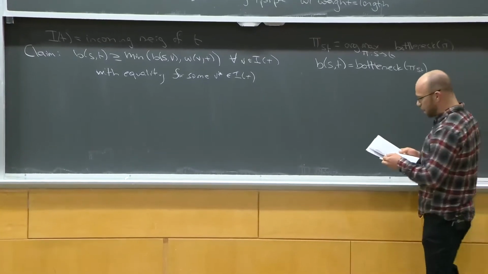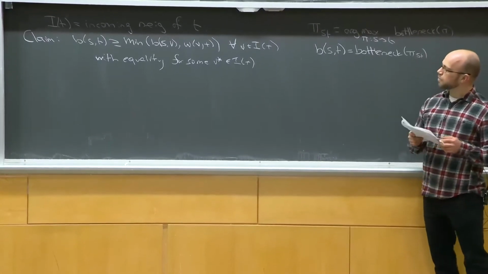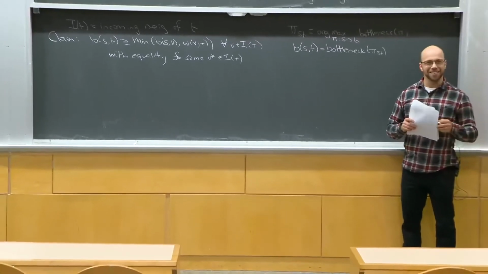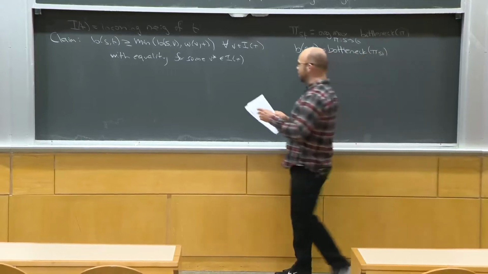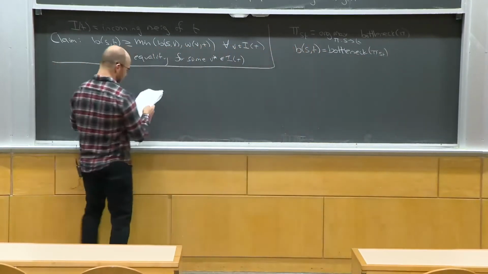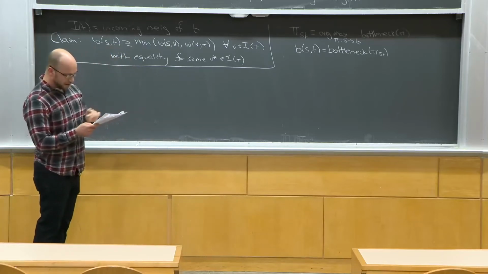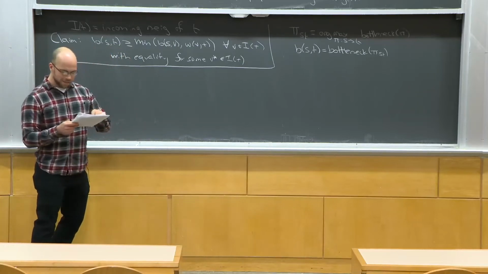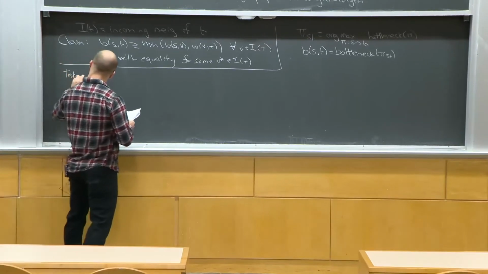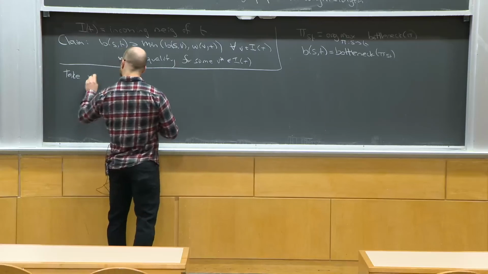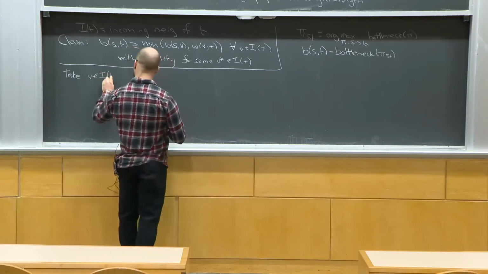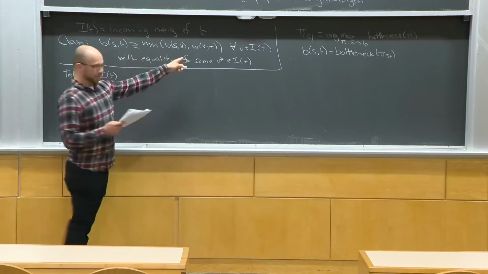Okay, so now we're going to prove the inequality first, and then we may or may not choose to prove the equality case depending on how I feel. So let's section this off and try to use my board a little more conservatively here. Okay, so now let's take a vertex v from the incoming edges of t, because that's what we need to prove this.